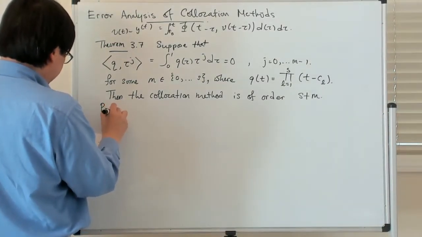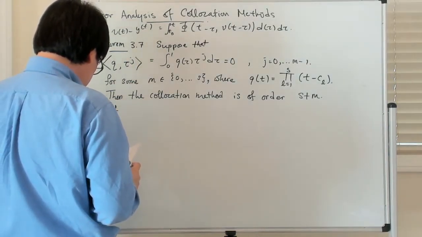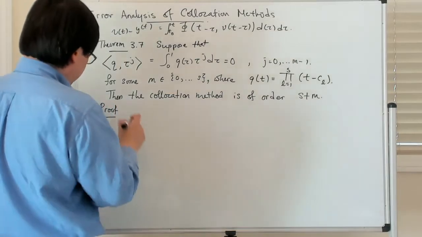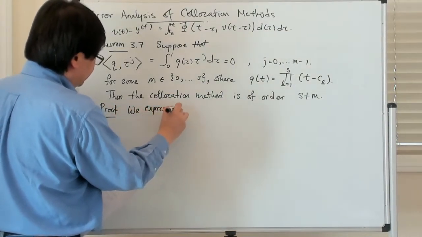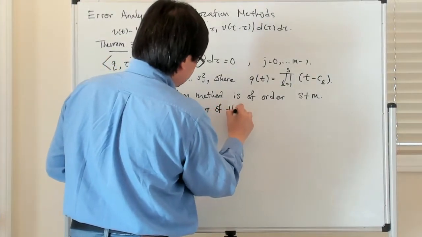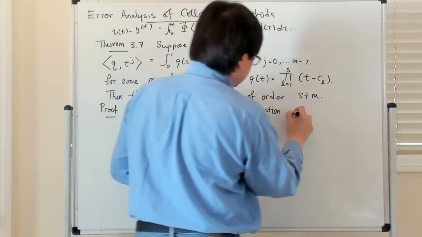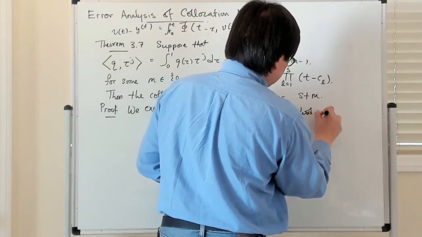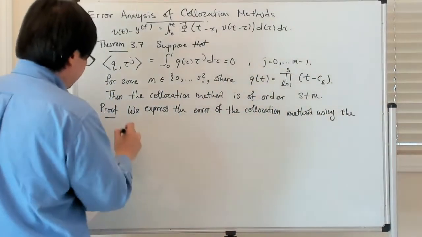Okay, so let's prove this. We want to express the error of the collocation method using the Alexeyev-Grobner formula.